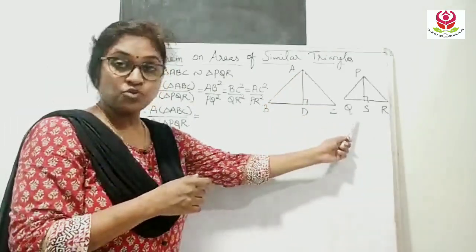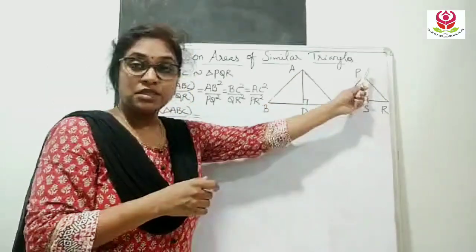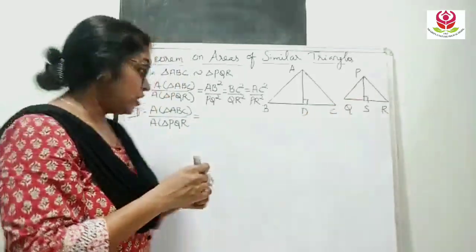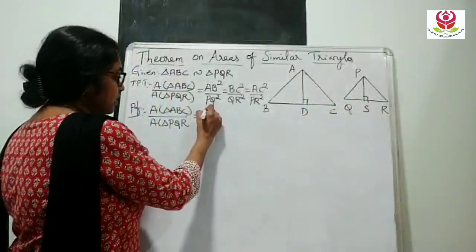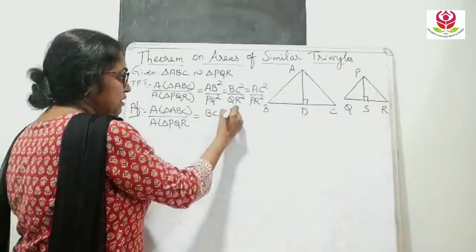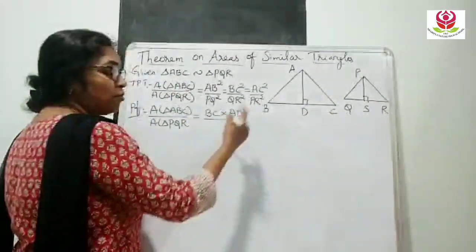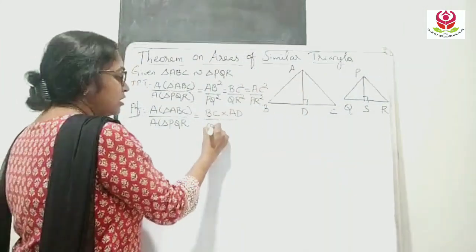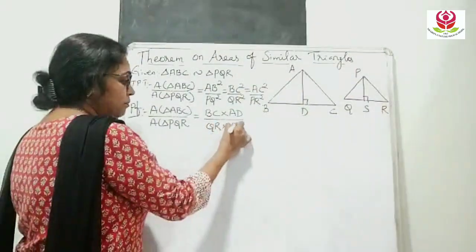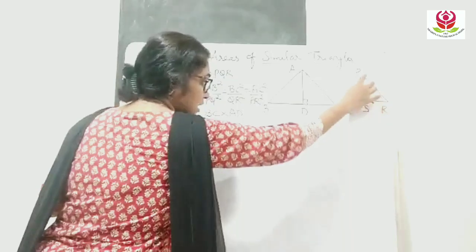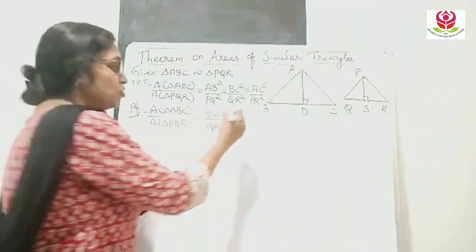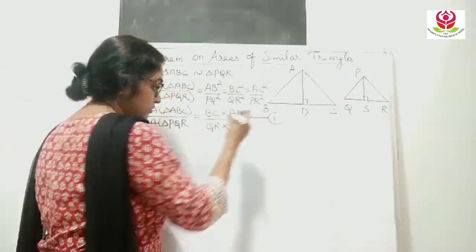In the same way for the next triangle, QR is the base and PS is the corresponding height. So we get the numerator as BC into AD, that is base into height, upon the denominator for the next triangle, QR into PS. QR is the base and PS is the height. So this is your equation number 1.